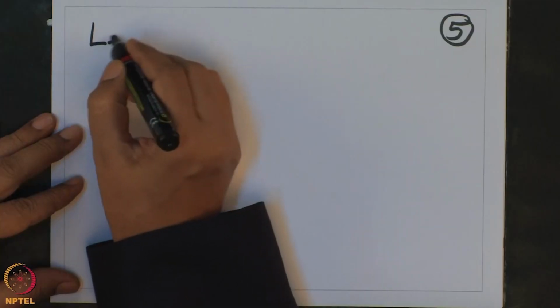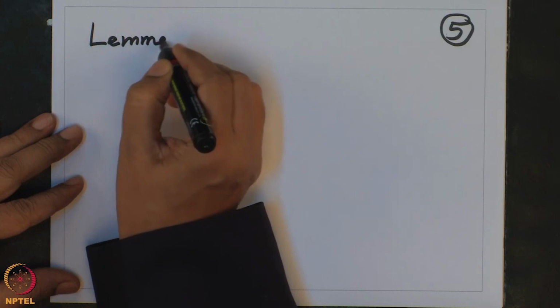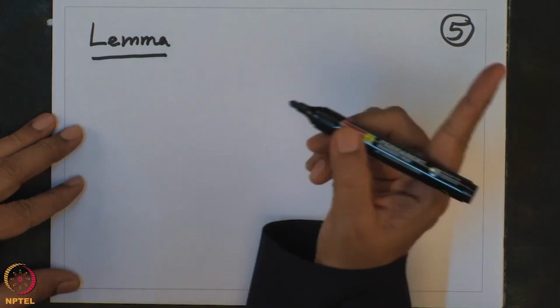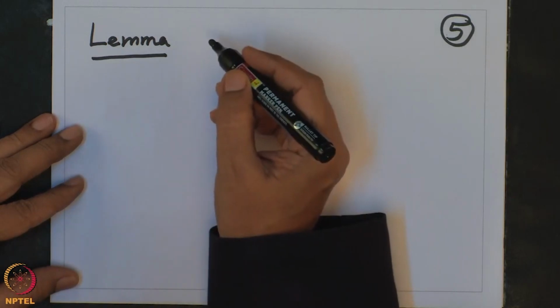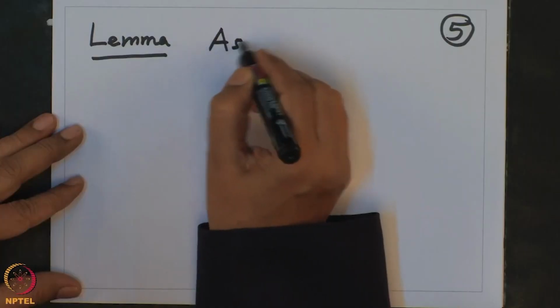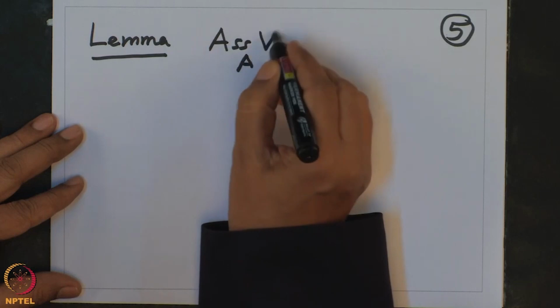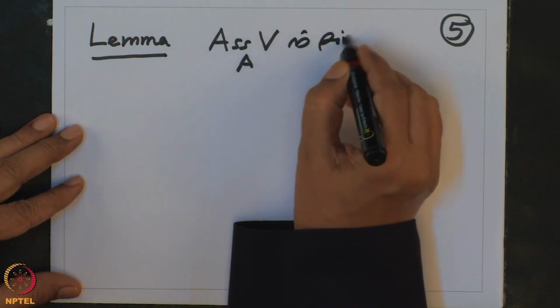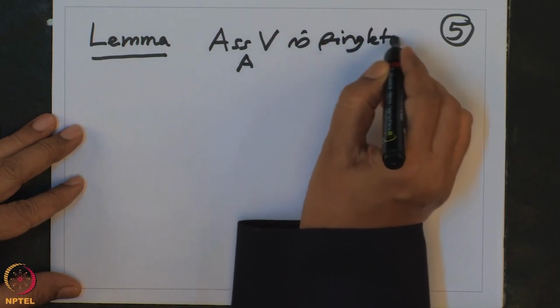All right, the next lemma I want to analyze is about when the associated primes will be a singleton. With the same notation as above, V is a finite A module, and I want to know when the associated primes of V is a singleton set, only one prime ideal belongs to it.